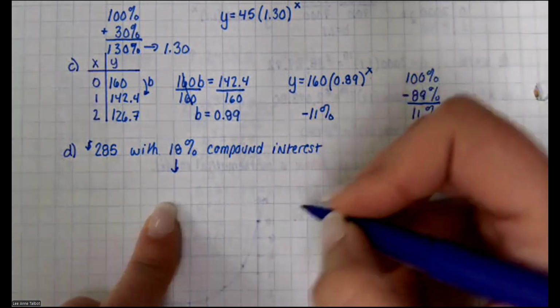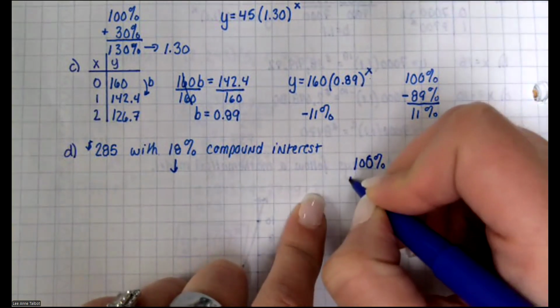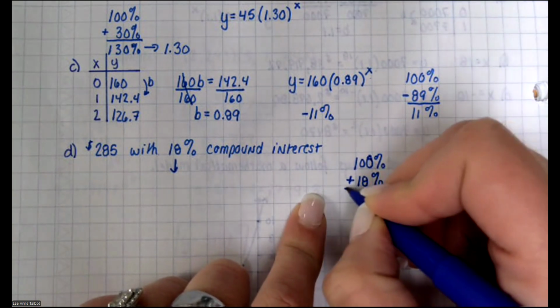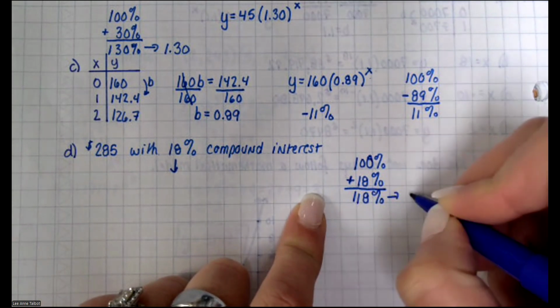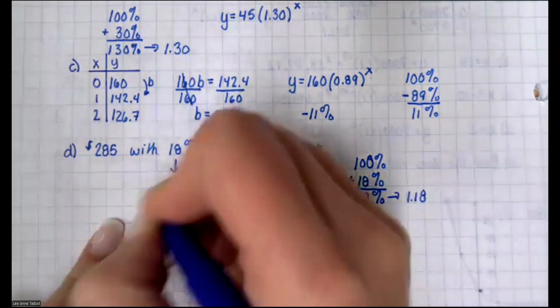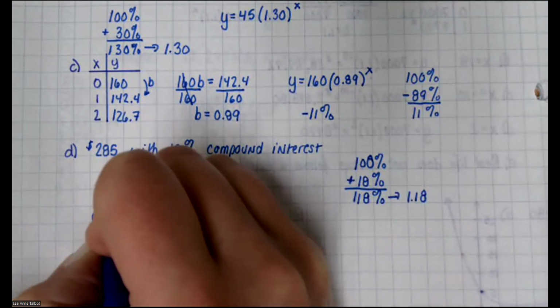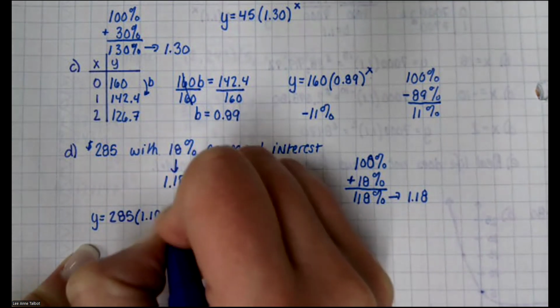Okay, we need to show it apparently. 100% plus 18% is 118%, which is 1.18. Y equals 285 times 1.18 to the x.